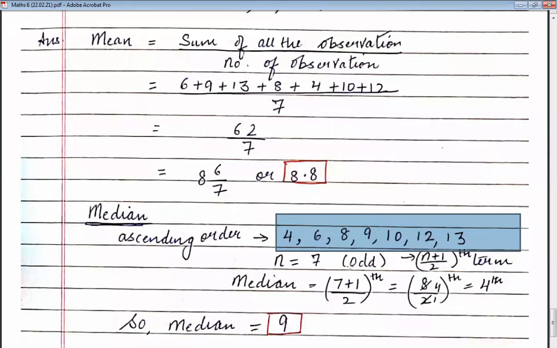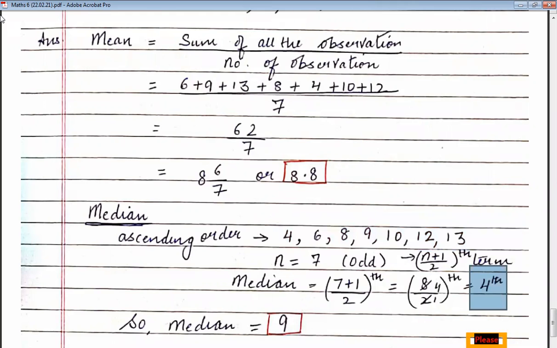As it is odd, your median will be the (n plus 1) upon 2th term. So 7 plus 1 upon 2, that is 8 upon 2, and finally the fourth term. Which term will be your median? Fourth. Let's count: first, second, third, and fourth. So what is your median? 9. So your mean was 8.8 and your median is 9.